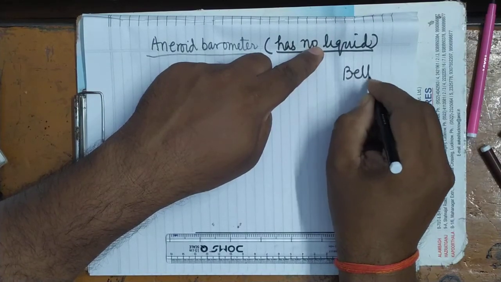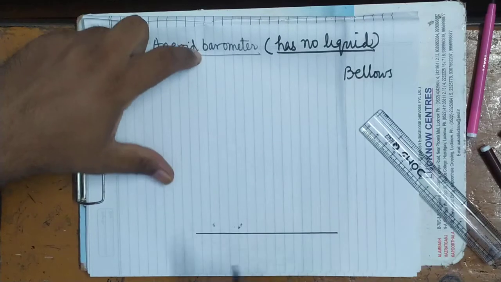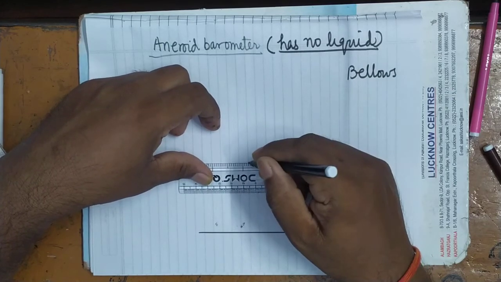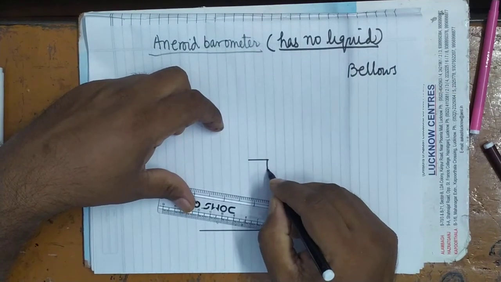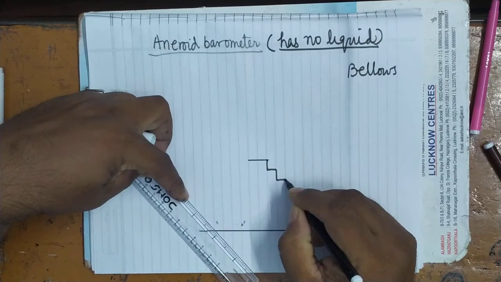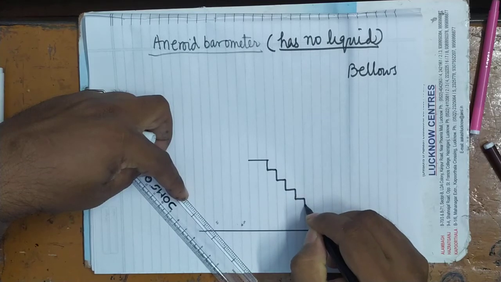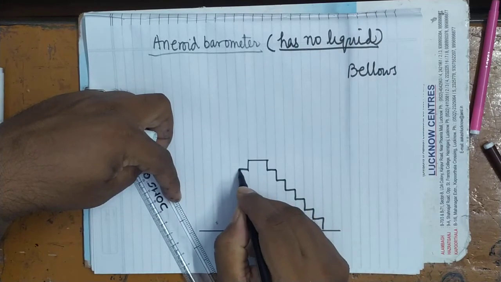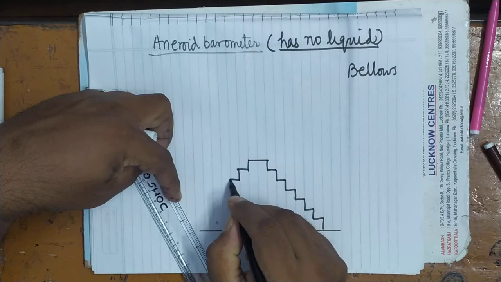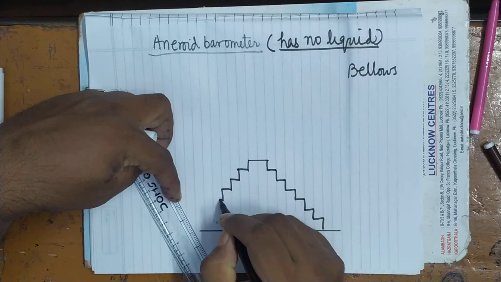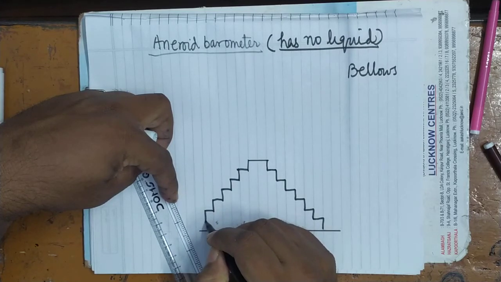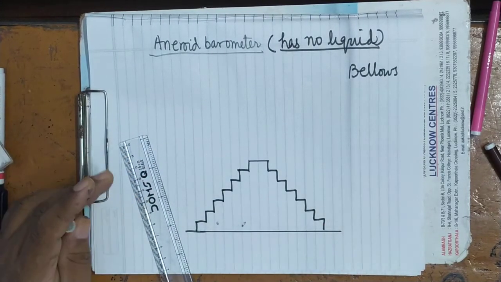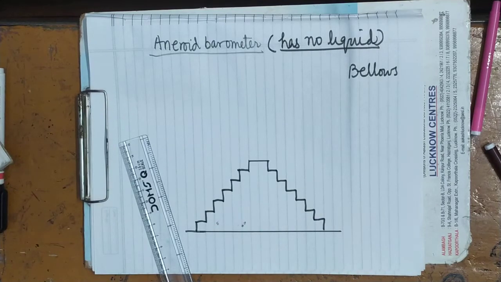With the help of that thick folded paper we will make a closed box. Here it is closed, it is like a box.